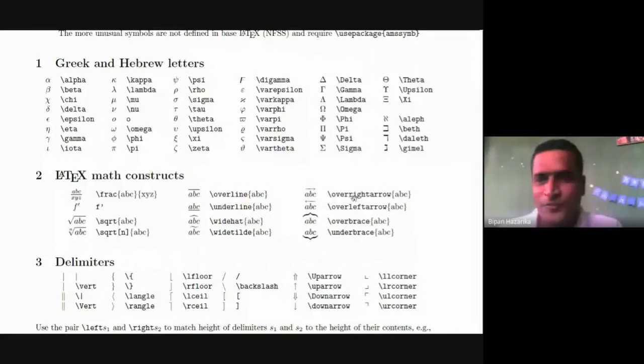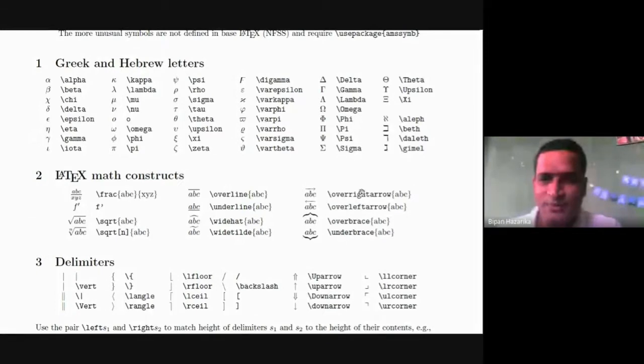If you write in LaTeX backslash overrightarrow with our text, the output in the PDF is this one, ABC with an arrow over it. Similarly, it is overleftarrow.